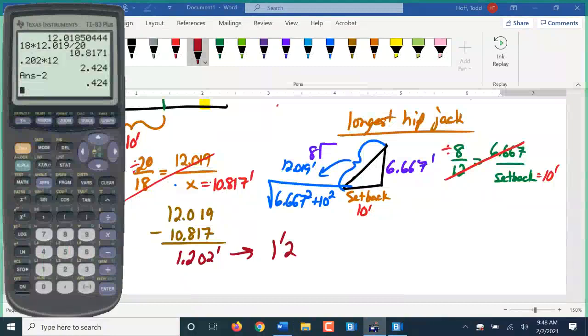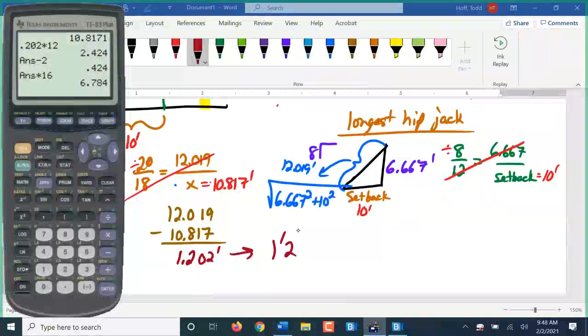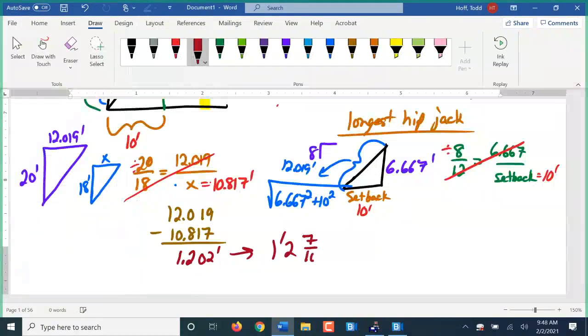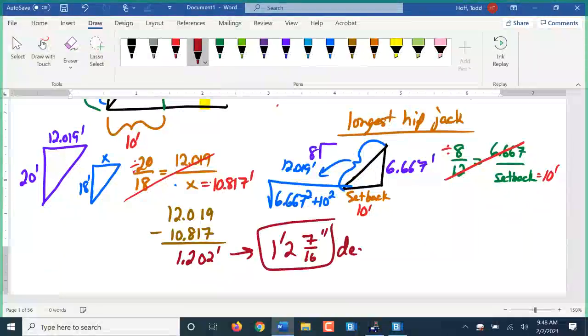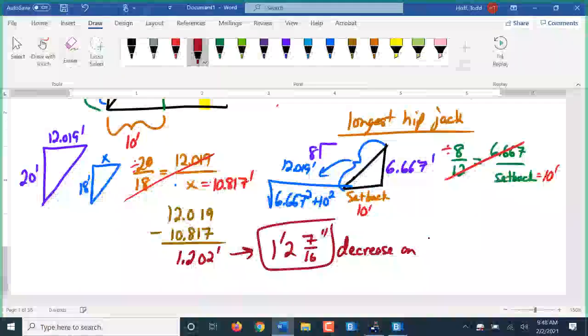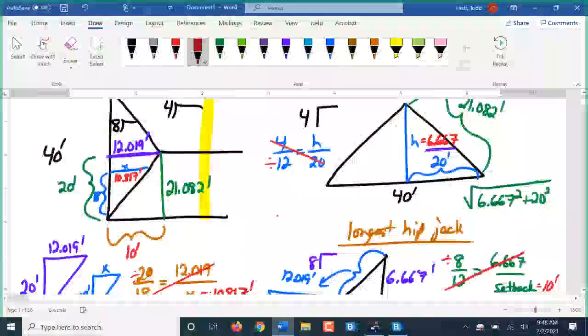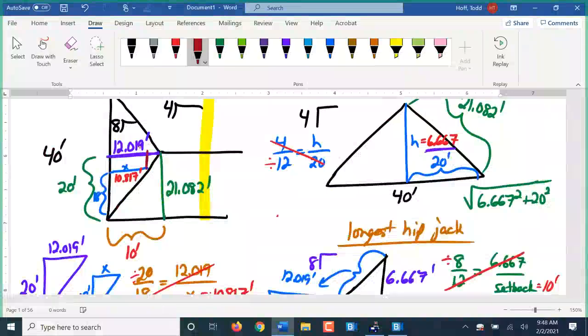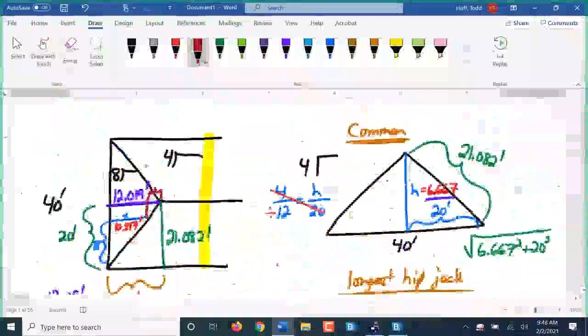Subtract the 2 and then multiply by 16 to make it sixteenths. 6.7 is 7/16. That is the decrease on the hip side. We're going in this direction. Each of these jacks is going to be 1 foot, 2 7/16 inches shorter.